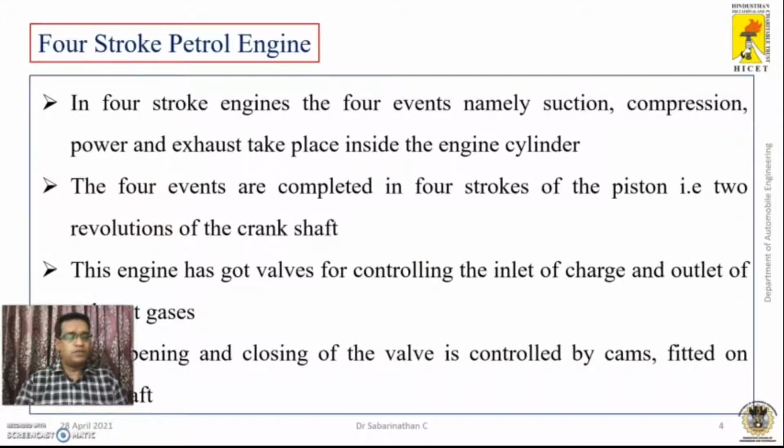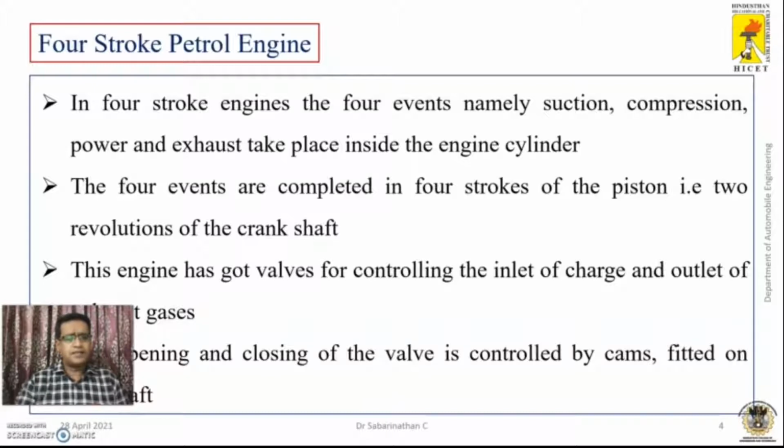When we talk about the four-stroke petrol engine, the four events, namely suction, compression, power and exhaust, take place inside the engine cylinder. The four events are completed in four strokes of the piston, that is, two revolutions of the crankshaft.